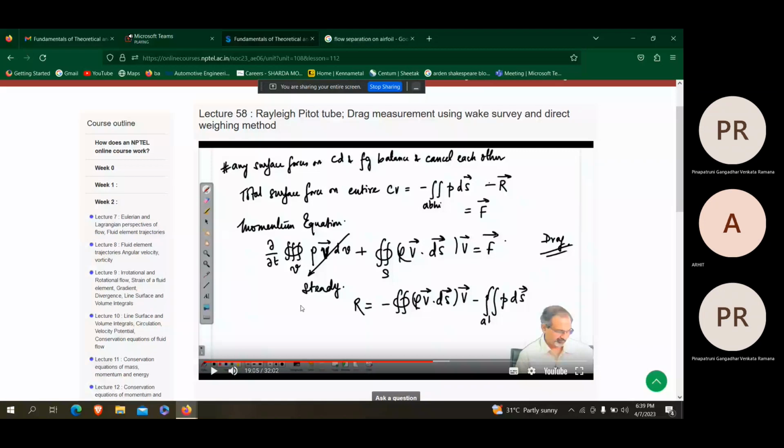The first represents the acceleration terms, the second term represents your surface forces, and the third term represents the additional forces acting on the system. So this is a summation of all the forces. Or you can use Newton's second law also. The same thing.